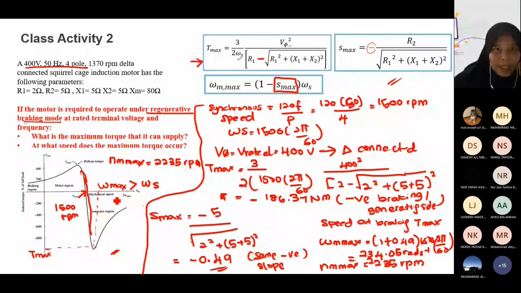Because it is in generating region, the speed is bigger than the synchronous speed sebab dia punya S max ni negative.